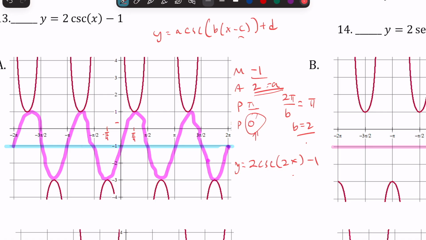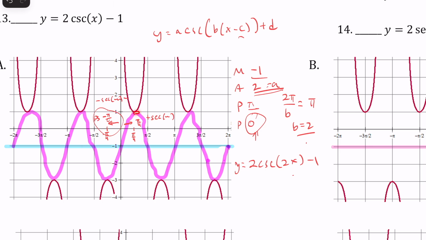So what I know is it's either going to be negative pi over 4 for my phase shift, or it might be positive pi over 4. It just depends. If it's the negative pi over 4, you're going to have a negative secant of stuff. If it's the positive pi over 4, you're going to have a positive secant of stuff because of this piece right here.